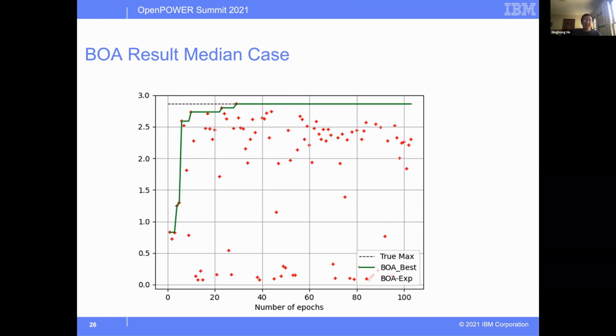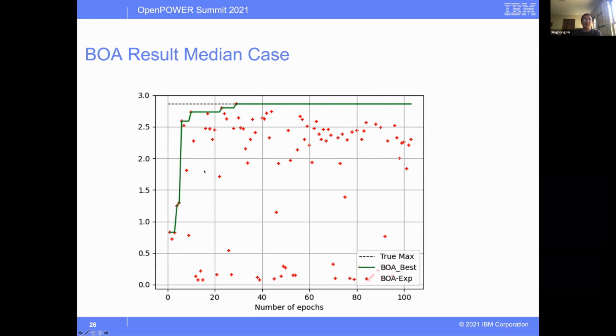And this chart shows the median case of this optimization. So it's not the best, not the worst. It's the median out of the 200 runs. The black dash shows the true minimum, and the green line shows how BOA converges as the iterations go on. And the red crosses are the actual BOA sampling points for each iteration. So the green line is just the historical best of those red crosses.